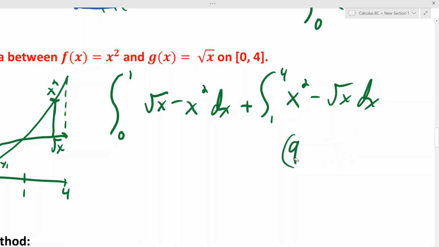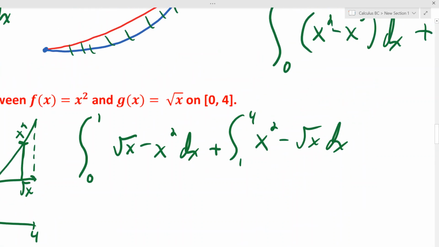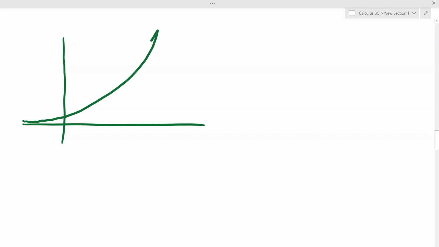Okay, now let me show you something that you might not like. So I got to go off script here. So if you downloaded this, just add this in somewhere. Let's say we had e to the x, which looks like that, and x plus 2, we'll say.